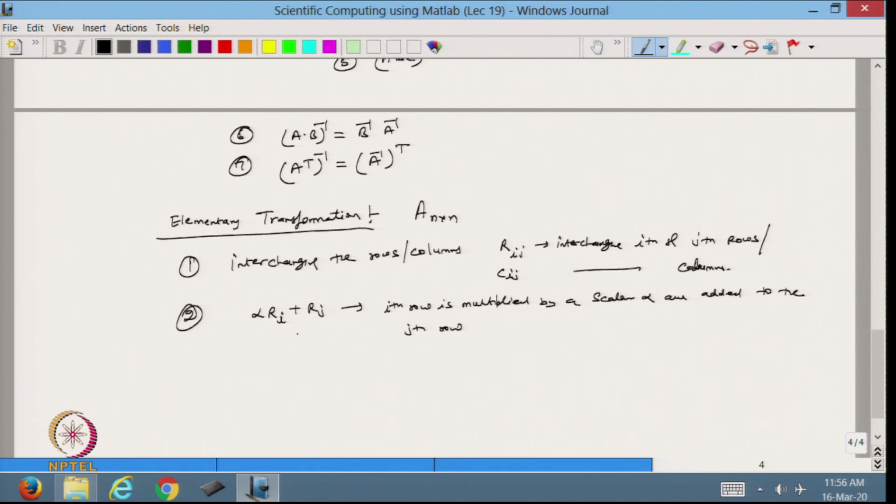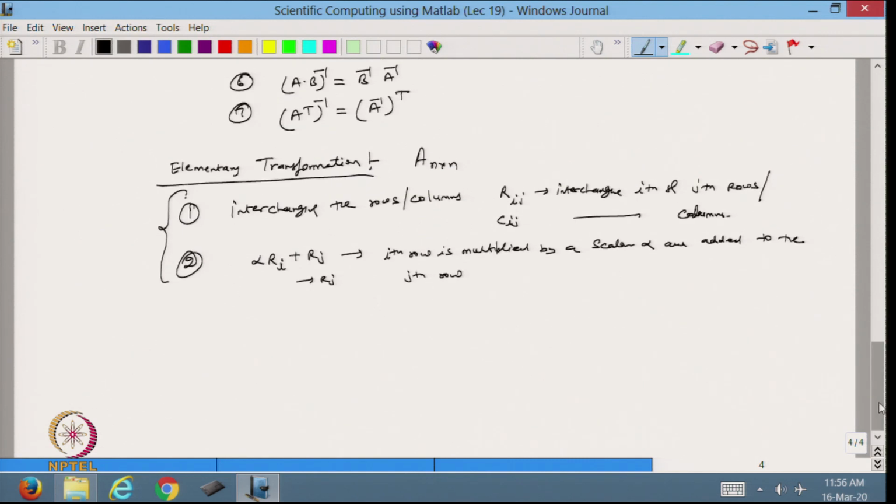So the effect will be on the jth row. The first interchanges the rows, and this one multiplies some row and adds or subtracts it to another row. These two operations are called the elementary operations, or the elementary transformation.